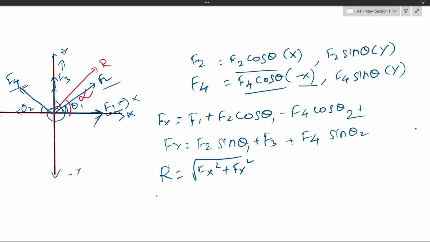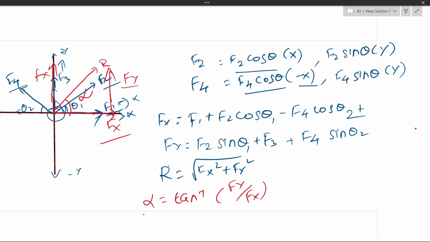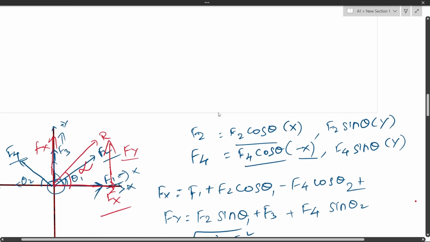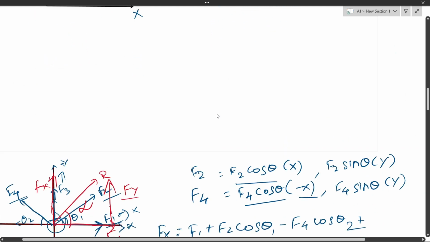Alpha is equal to tan inverse of Fy over Fx, because for the resultant force, the two components Fx and Fy act like this. If you consider Fy in this direction, then tan alpha is equal to Fy divided by Fx. So alpha is tan inverse of Fy divided by Fx. So this is how you find the resultant of a concurrent force system.